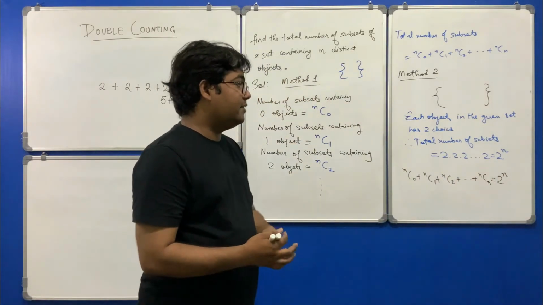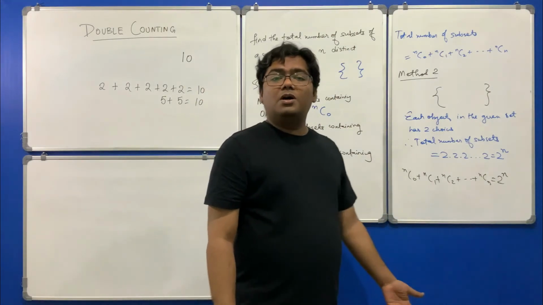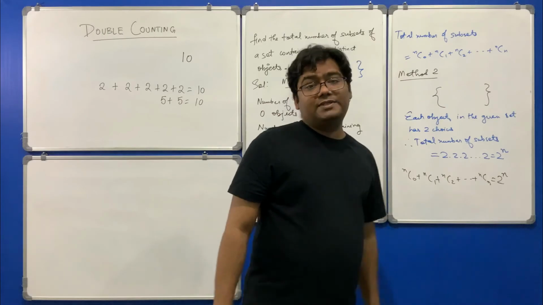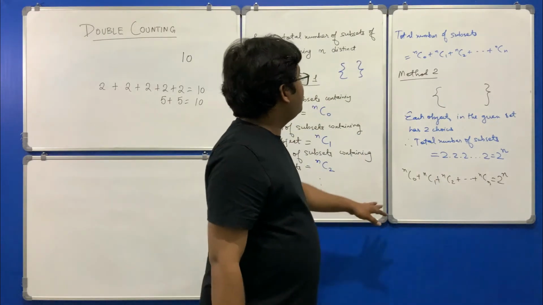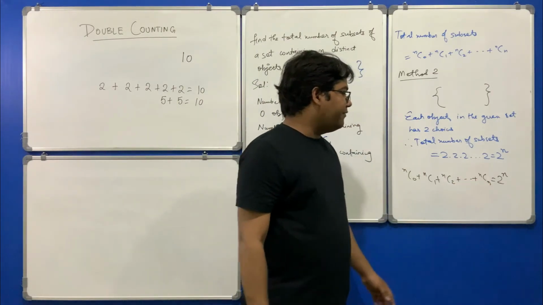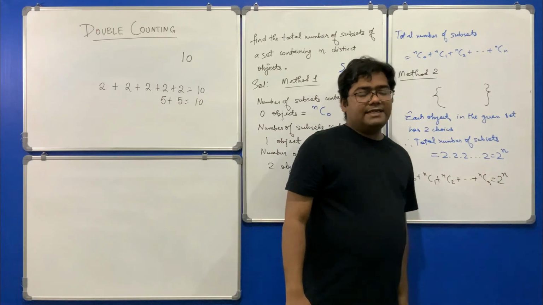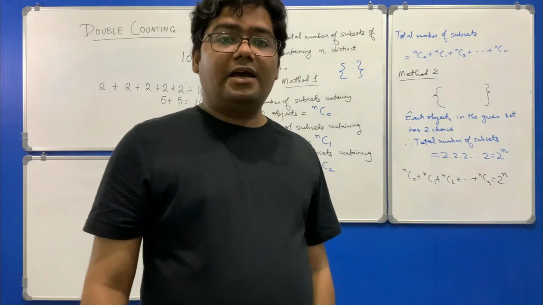You can check that by putting values of n like 0, 1, 2, 3 and see that both sides are always equal. We are very familiar with this formula. On the left side I have the sum of all the binomial coefficients, and on the right side I have 2 raised to the power n, which we already have done before.